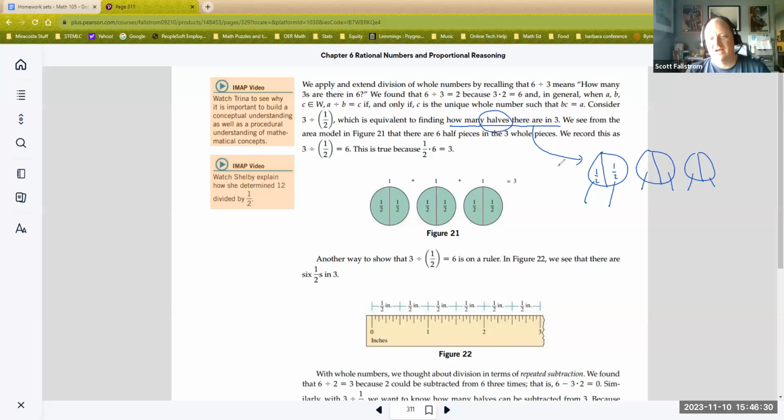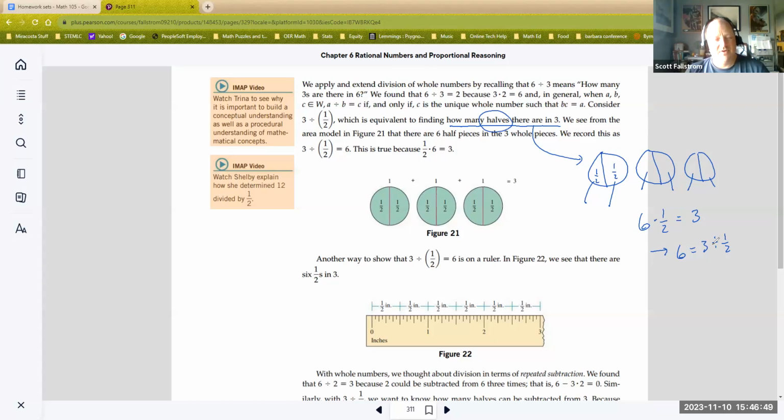And you would say, aha, there are 6 halves that make up 3, and therefore 6 is equal to 3 divided by 1/2.